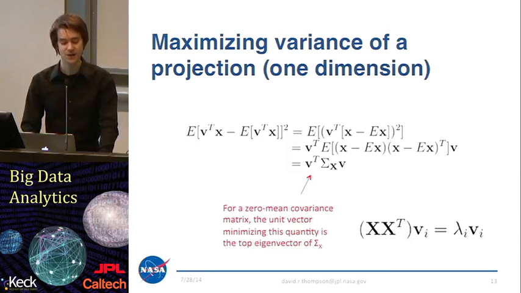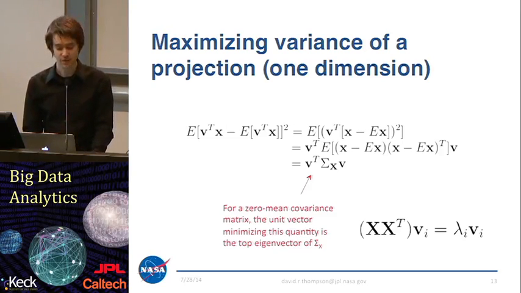that quantity squared, or the expectation of that quantity squared, is the formal definition of the variance. And you can, through some algebra, expand this and get the expression in the center, which is v transpose times the covariance matrix times v. It's known that for a zero mean covariance matrix, the unit vector that maximizes this quantity is the top eigenvector of the covariance matrix.